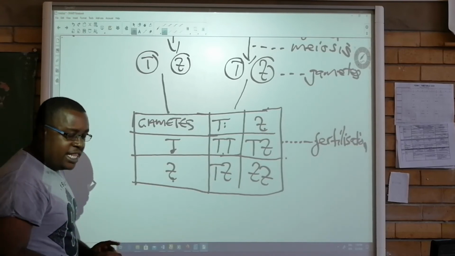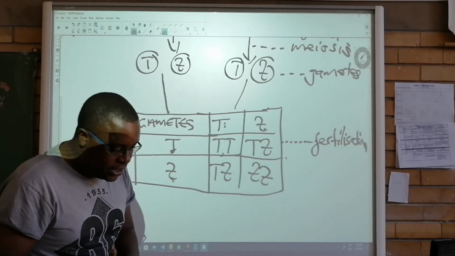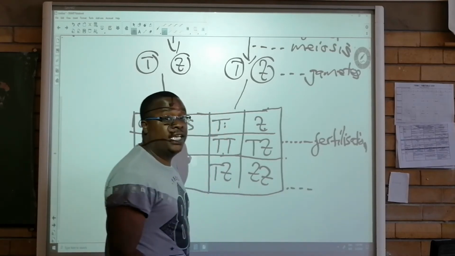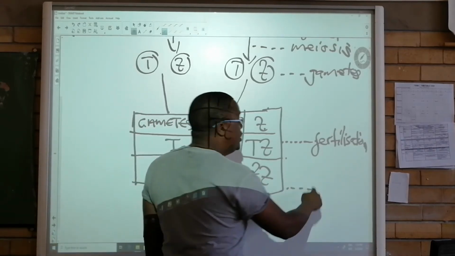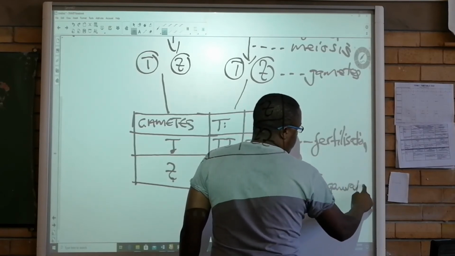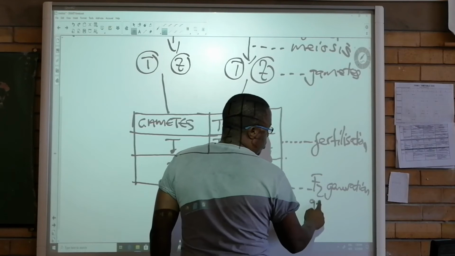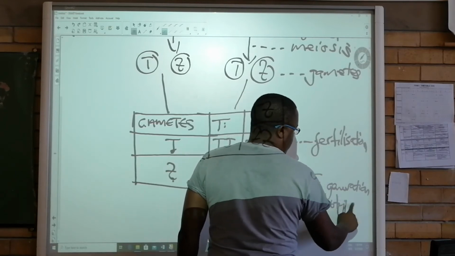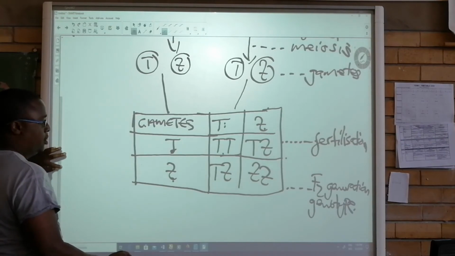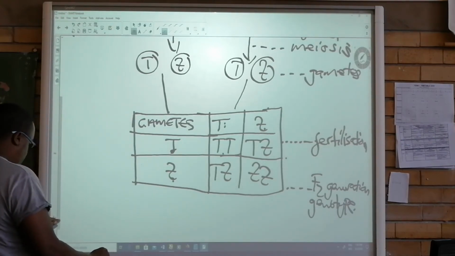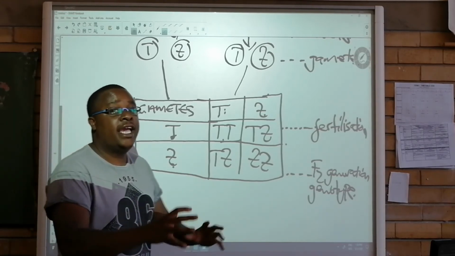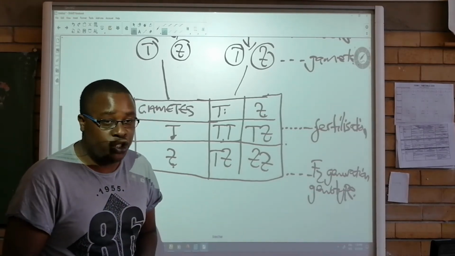Right. And then what I can now do is write here at the bottom that this is the F2 generation genotype. And then at the bottom of that, I will write the genotypic ratios.